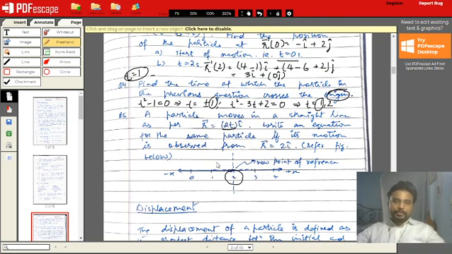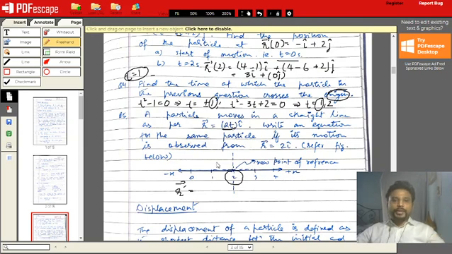As a rule, we can remember that if we want to write a particle's position in some new frame of reference, here we are representing that new position as r dash vector.